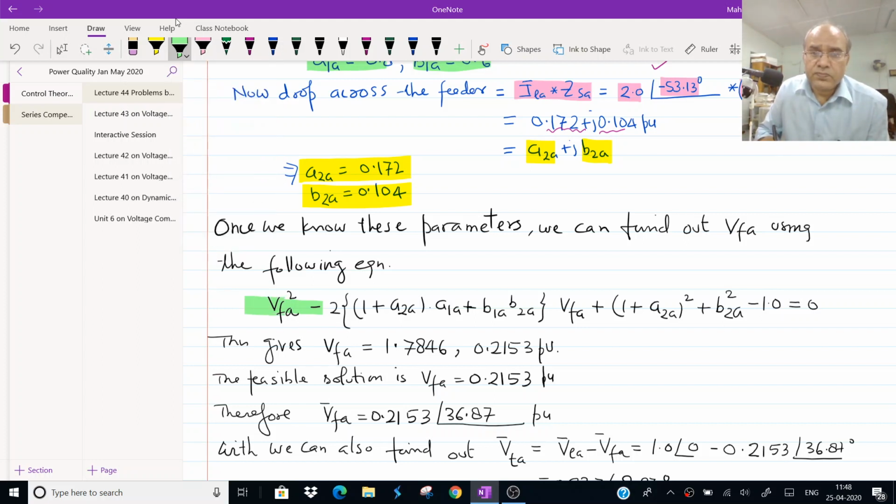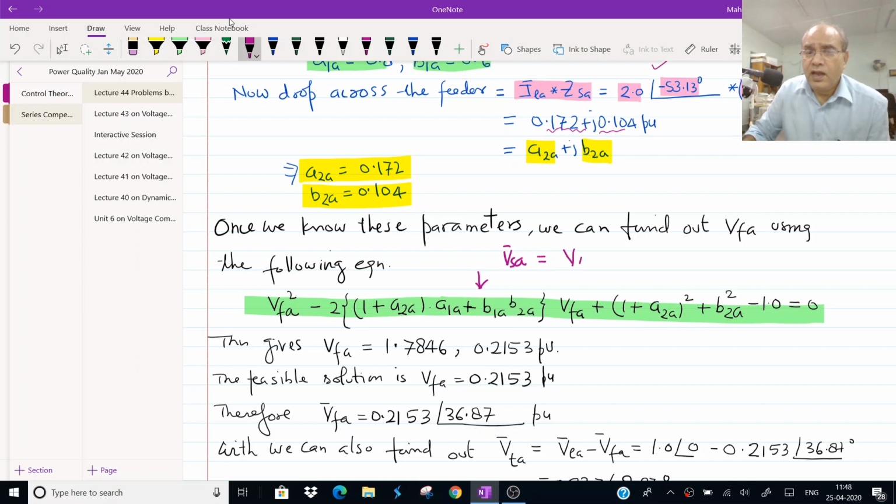So this is the equation that we have to solve for BFA. This we already have derived actually, and this has come from the simple relationship between the voltages using Kirchhoff voltage law in a loop.